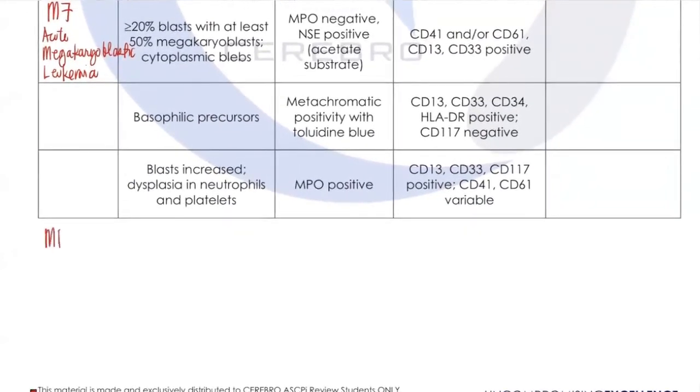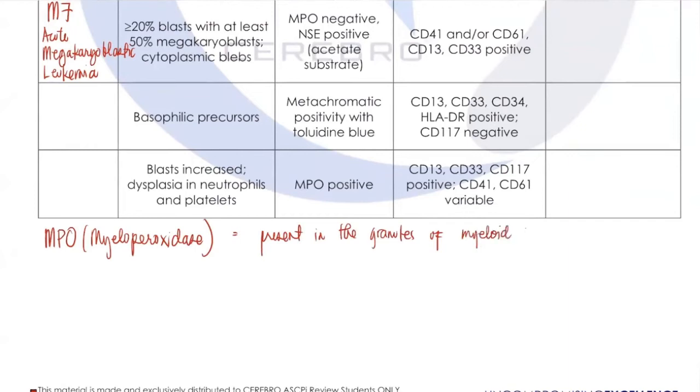So kanina I already have mentioned about MPO. This is myeloperoxidase. This is present, okay, in the granules of the myeloid series. So next, we have the myeloid series.